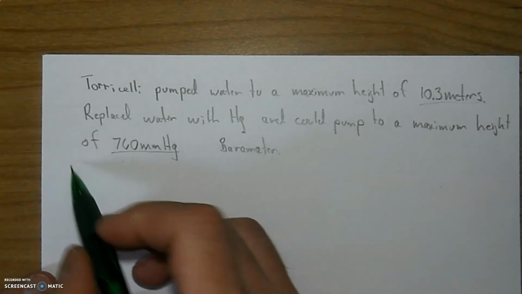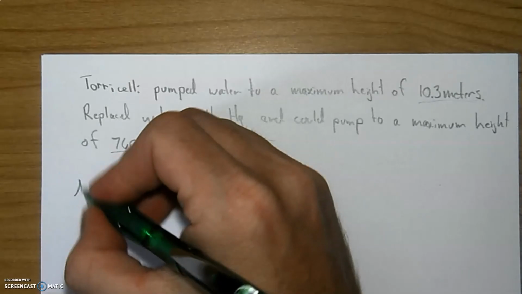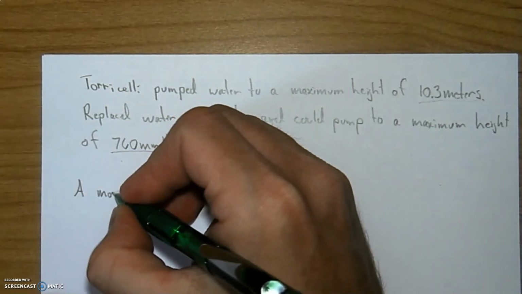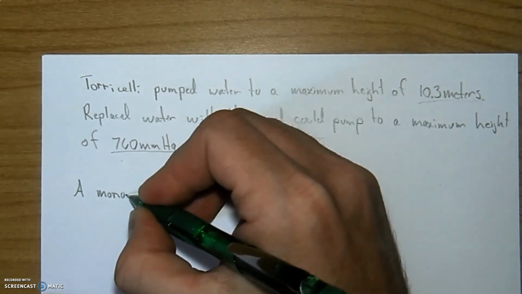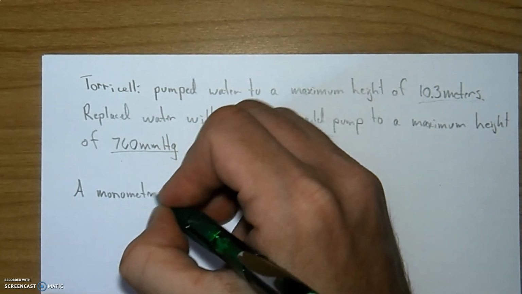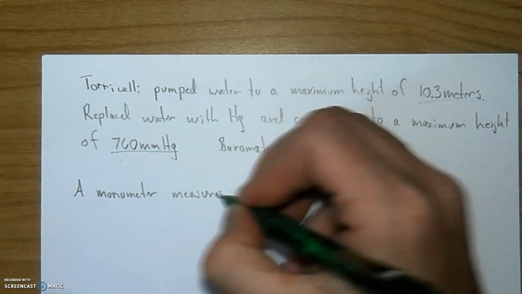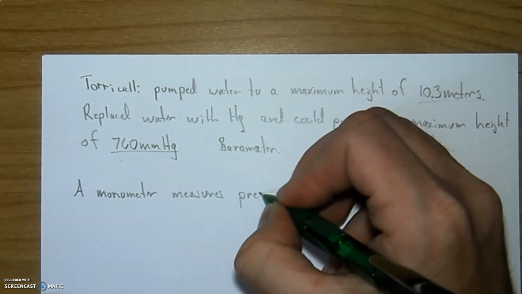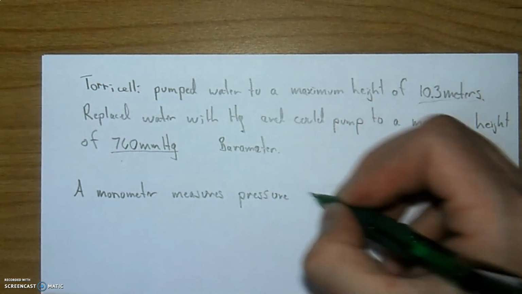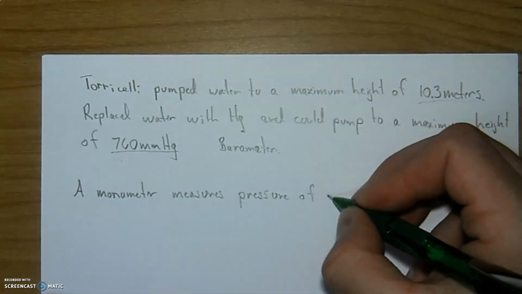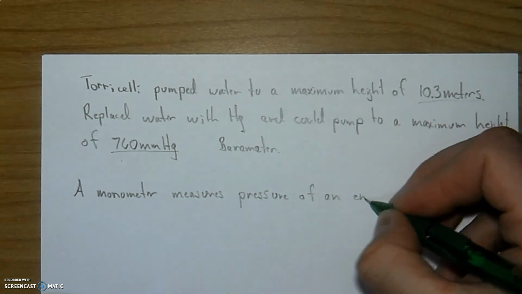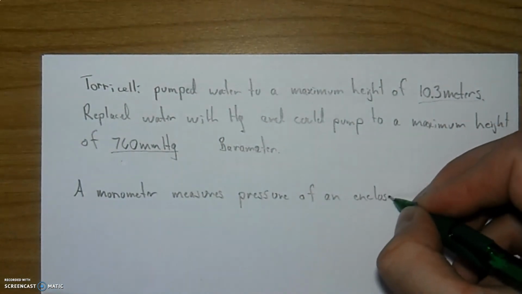Now, something of a slightly different name is something called a manometer. A manometer. And what that does is measure the pressure of an enclosed gas.